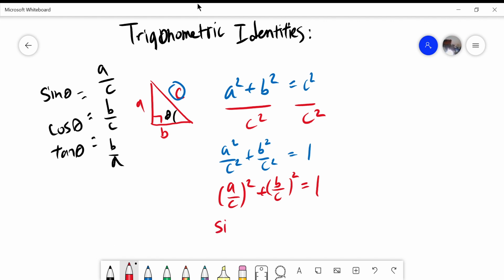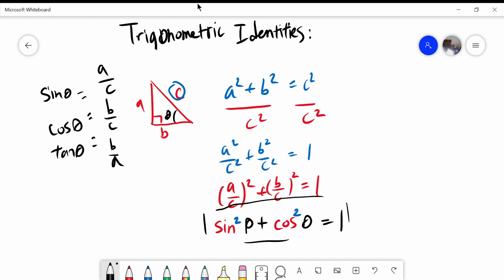And the way you write squares is you put it over here instead of the brackets. So sine squared theta plus cosine squared theta equals 1. And we have our first trig identity. This is actually called the Pythagorean identity.